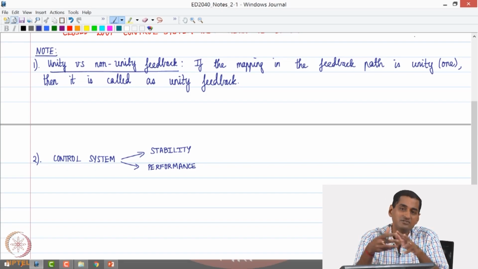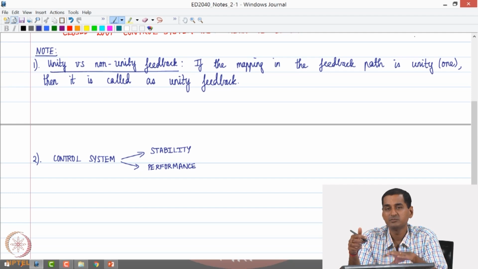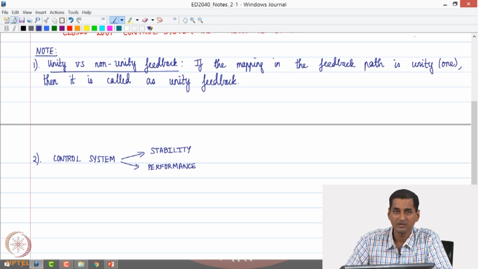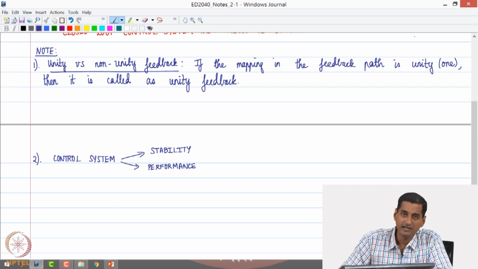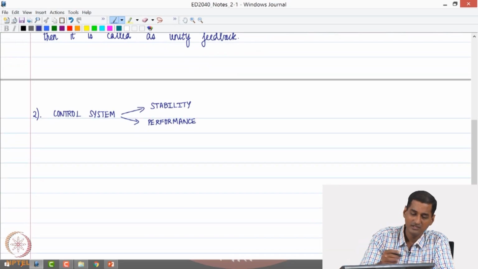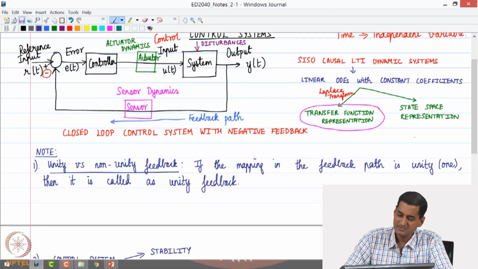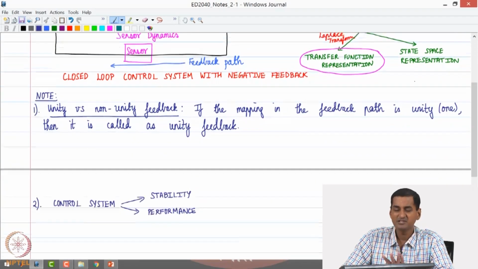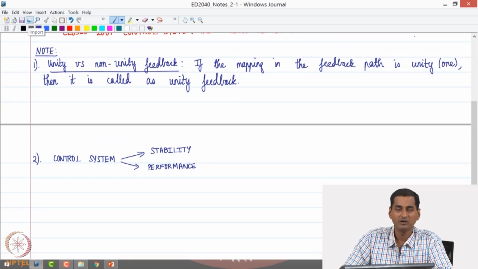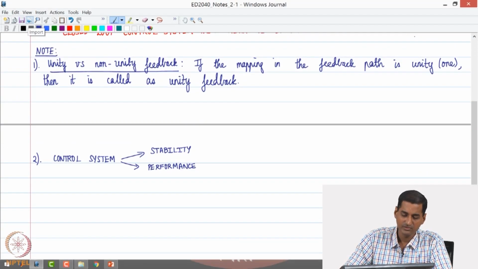Would I not? So, we would use notions like these to essentially come up with parameters that can be used to quantify performance of a dynamic system. That is something which we are going to do. Okay. So, these are concepts that give us a big picture view of what we are going to learn in this particular course.